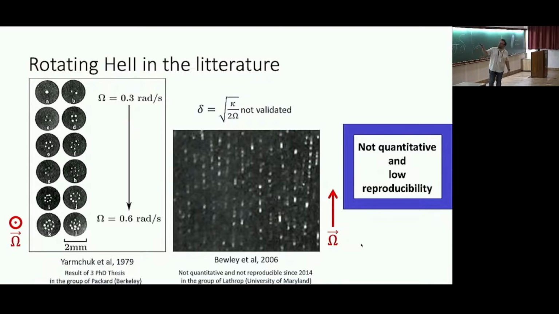And they didn't manage to have quantitative results about that. Okay, they have a very nice picture, and this is brilliant. This was a seminal work, and without that, nothing else could have happened. But there was not a lot of quantitative work, and in particular, this fundamental rule was not checked. And also, reproducibility is an issue.